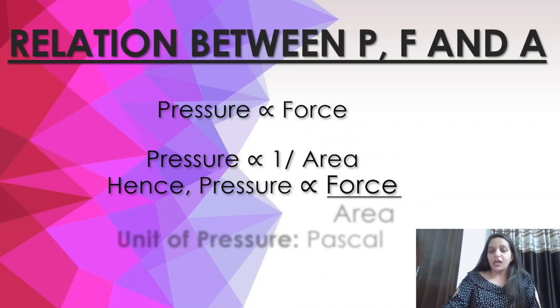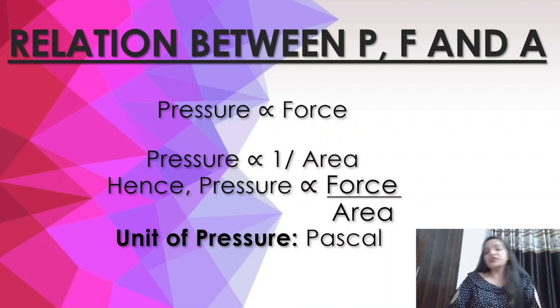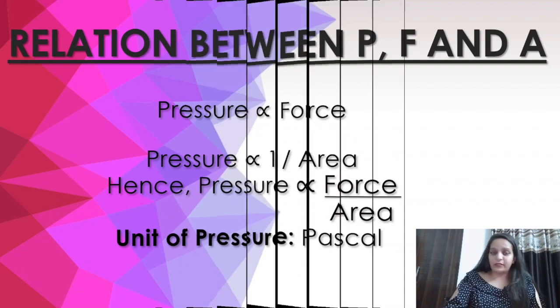Hence, we get the combined relationship that pressure is proportional to force upon area, and the unit of pressure is the Pascal. This Pascal unit is the SI unit. The unit can also be given in terms of force and area as Newton per meter square. But whenever a question is asked about the SI unit, we have to take care that it is Pascal only.